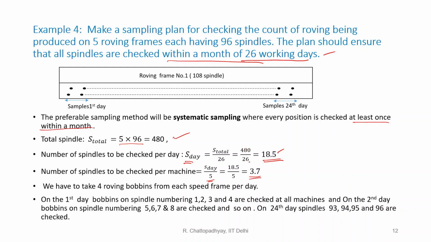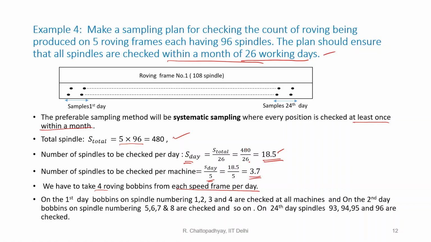So 3.7 roving bobbins we have to check per machine. Obviously this is also a decimal figure. The number of bobbins cannot be a decimal figure, so you have to go only for integer figures. So what we'll do is take 4 roving bobbins from each roving frame per day.